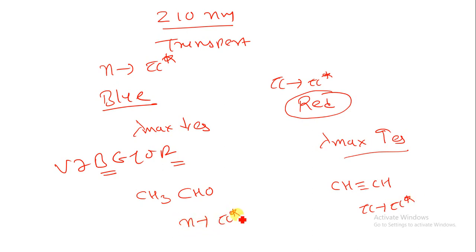Why? Because in acetylene we have only pi bonds and no heteroatom, so it has a pi to pi star transition, while acetaldehyde has an n to pi star transition, giving a lower wavelength. This is how you can answer this type of question.